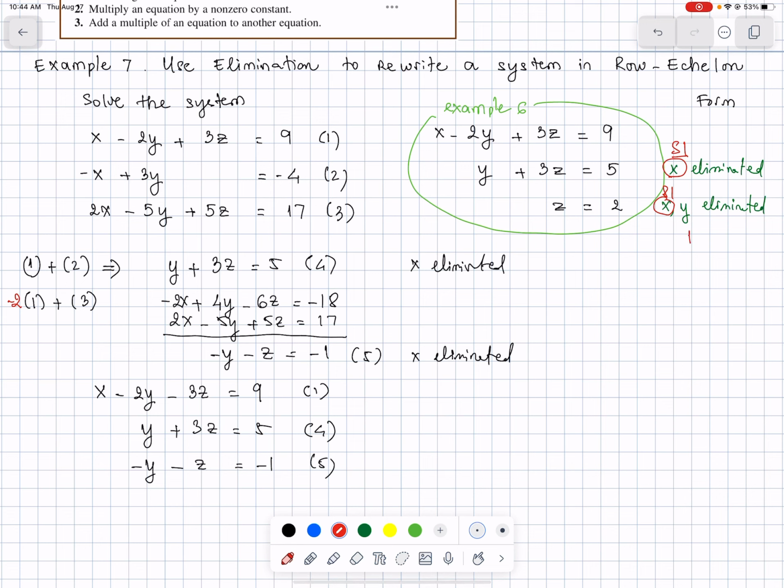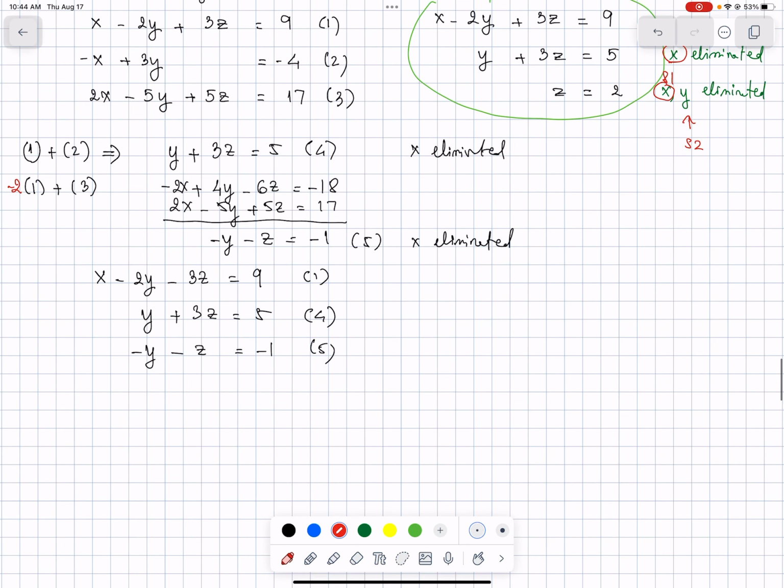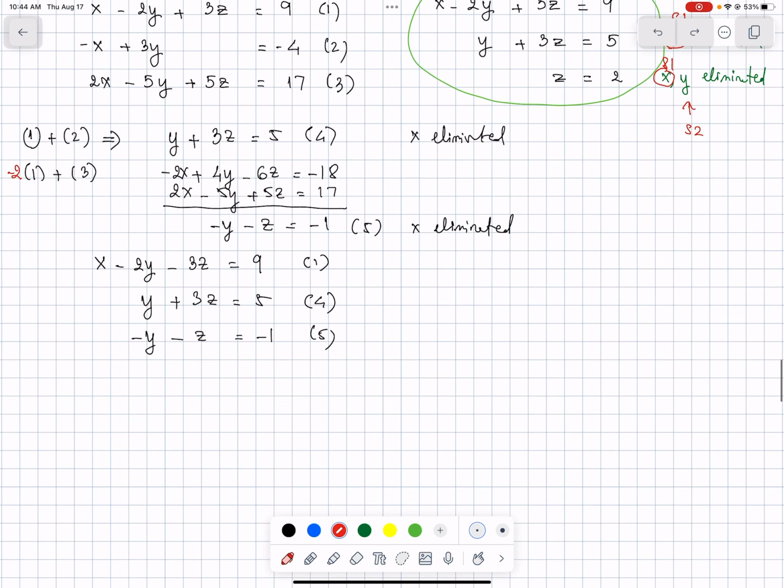Then step number 2 will eliminate the y from the third one. It will be easier to just use 4 and 5 because we already took care of x. The x is gone, and now we want the y eliminated.